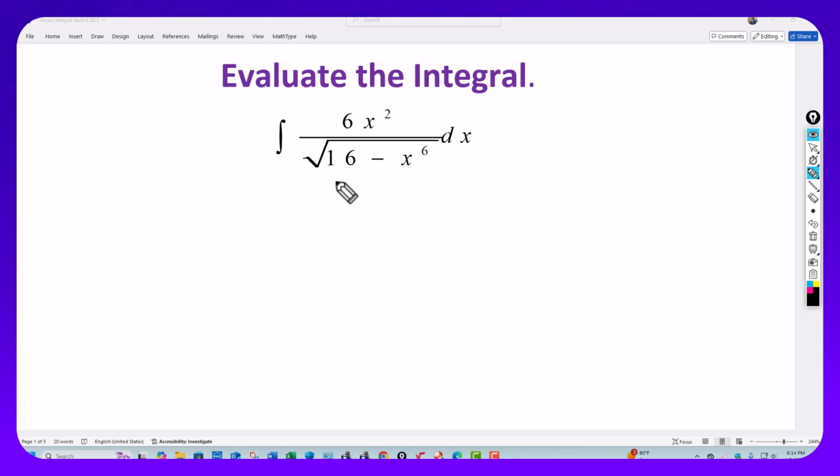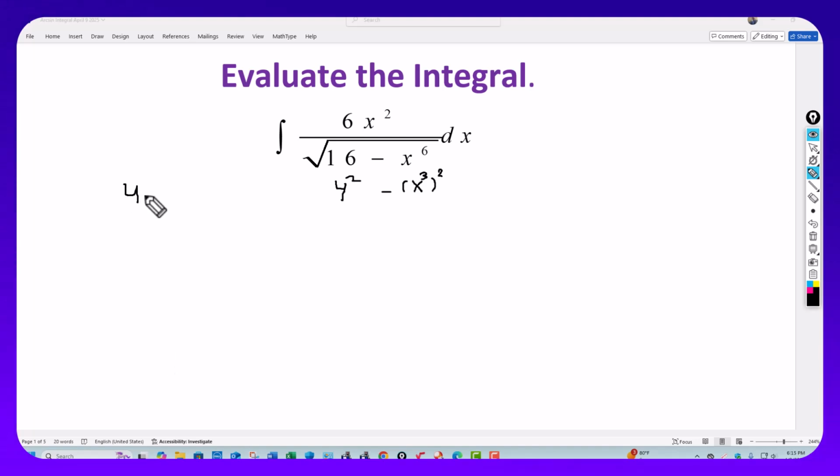Well, the 16 can be written as 4 squared. Remember, I need a u squared here. So x to the 6, I can write it as x to the third quantity squared. Multiply the exponents, that's the same thing.